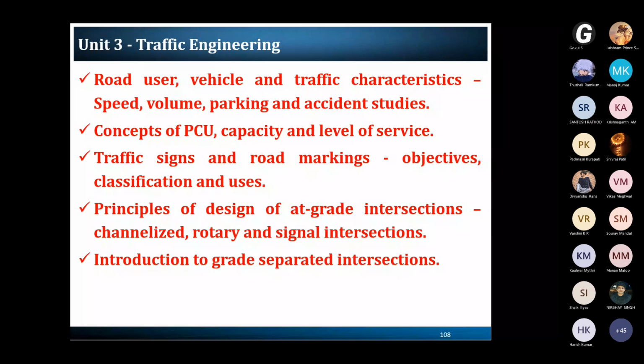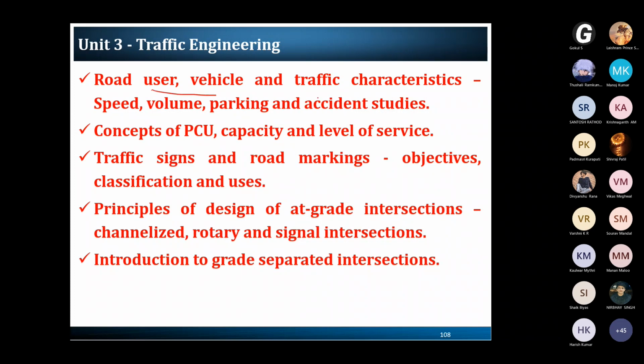Altogether, I hope you will get a better understanding of the traffic engineering parameters linking with Indian conditions. Initially, we started with the user characteristics: the road user characteristics, the vehicle characteristics, and the traffic characteristics.